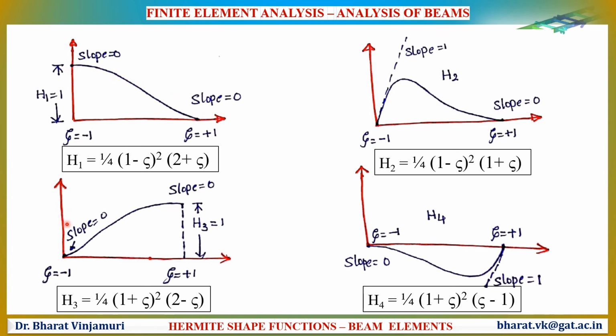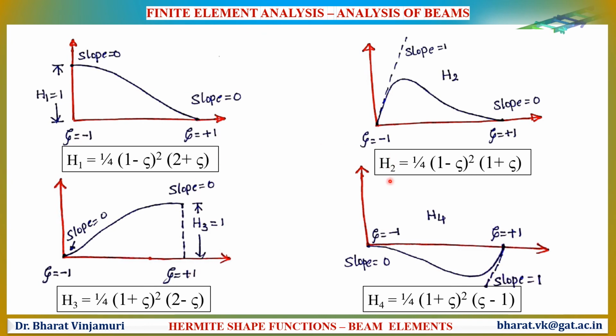Similarly, if you observe, h3 also represents transverse displacement at node 2. So the value of h3 will be 1 at node 2. It starts from 0 at node 1 and gradually moves towards 1. In both the cases, they will never represent the slopes.